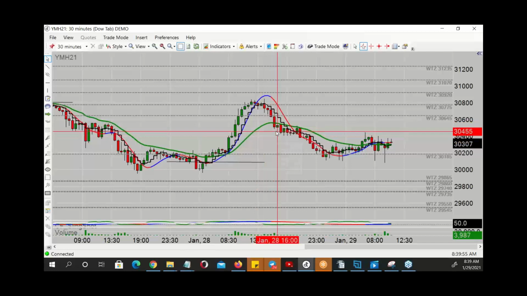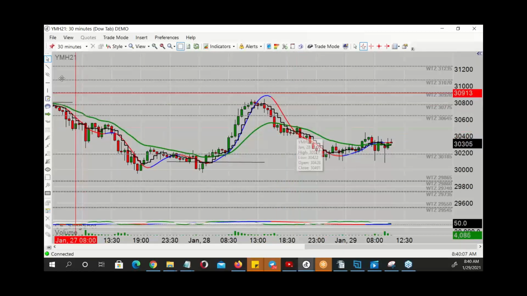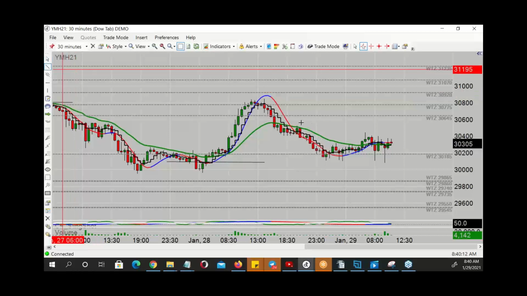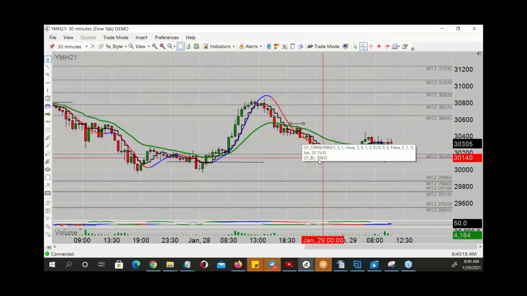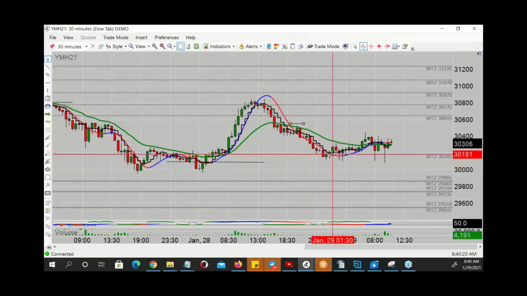So you can wait for an alert if you're new. But once you've learned our methodology and strategy and how to read this, you can just get short, okay? See this little pullback right here to the BBC? You didn't need much of a stop at all. And you would enjoy the ride all the way down to the weekly zone where the market found good support.